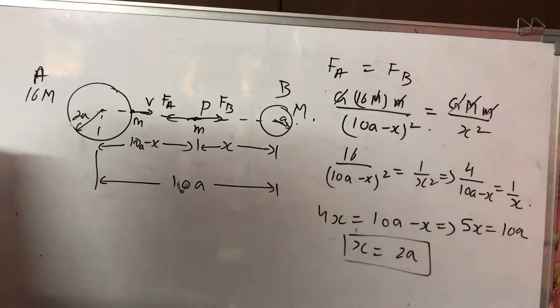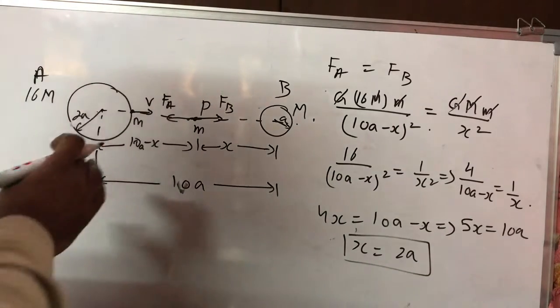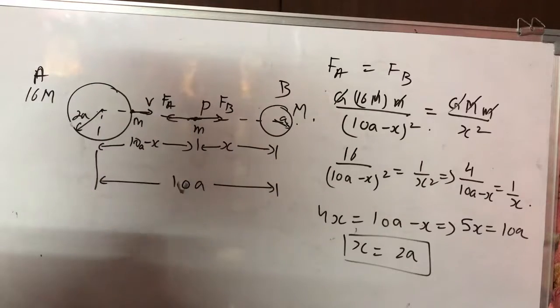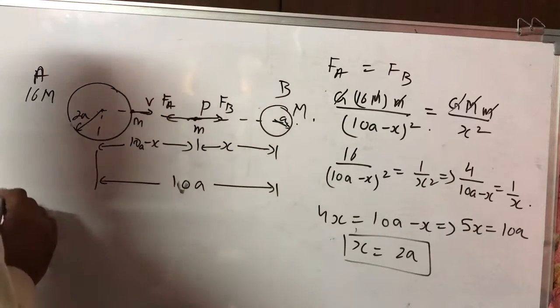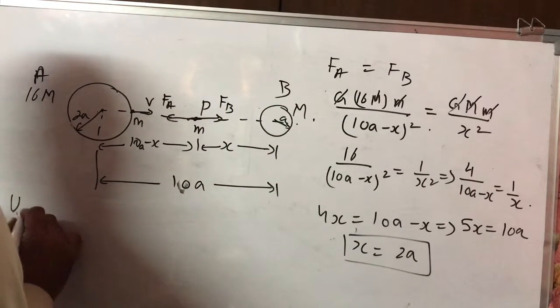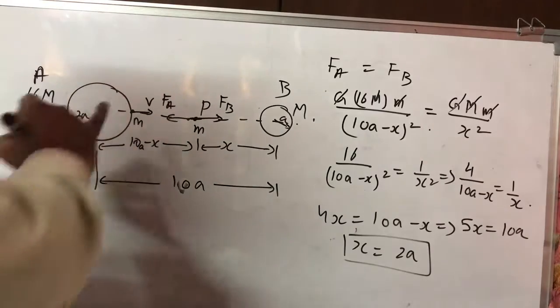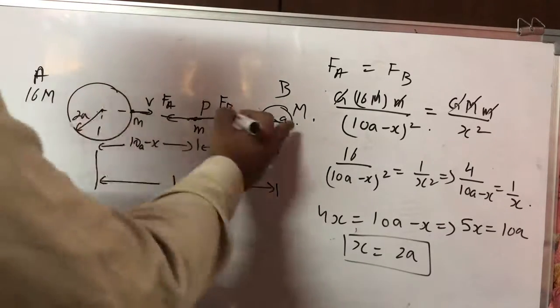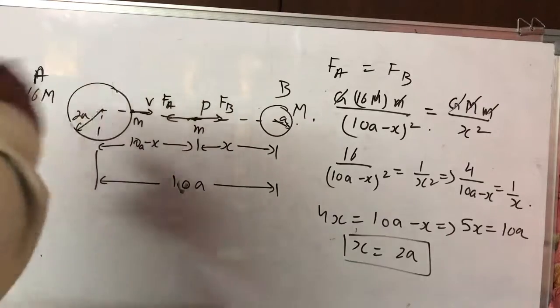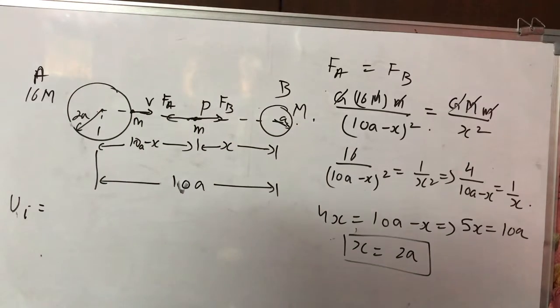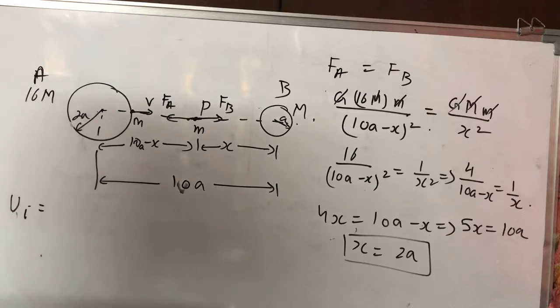Now, what is the initial potential energy of this small m when it is located on the surface of A? The initial potential energy of mass small m with respect to both the stars, when it is located on the surface of mass 16m, is the potential energy due to 16m, which is minus G m1 m2 upon r.